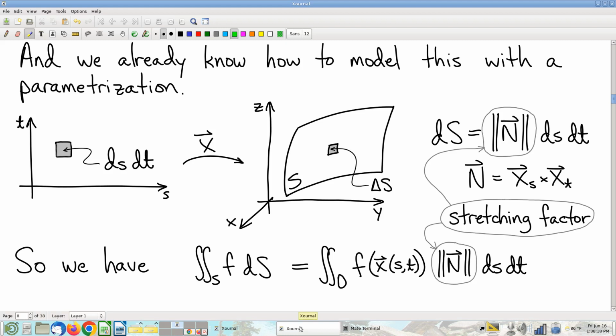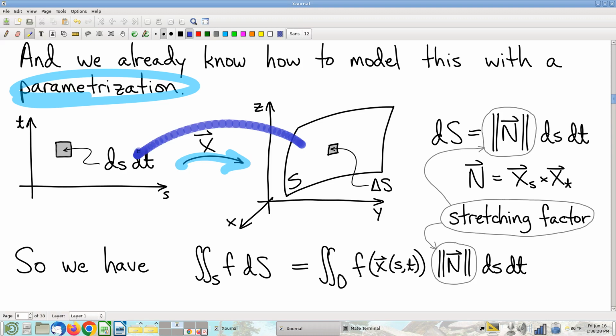We're going to take our idea of a parameterization of a surface, and we're just going to use that as a tool for pulling back. Namely, I'm going to rewrite a surface integral. Let's see here. I will do this in red. So I've got an integral on this surface.